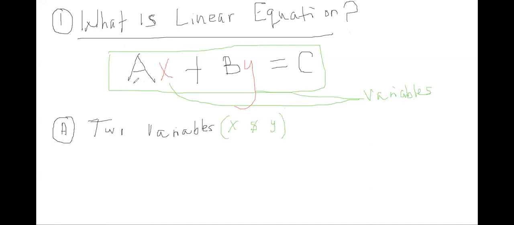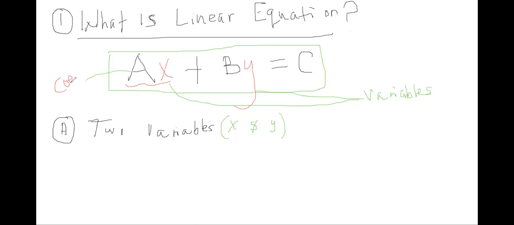So the A and B: A is a coefficient. Because obviously we have seen equations in high school, this AX is a term within this equation. BY is a term and C is a term. In the first term, a coefficient is being multiplied by a variable.